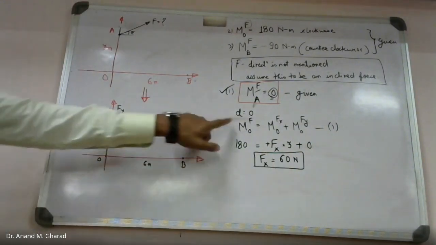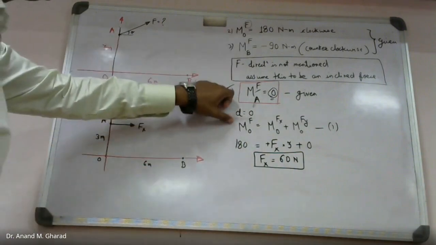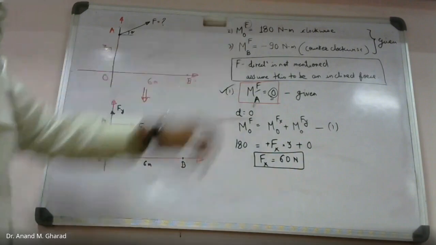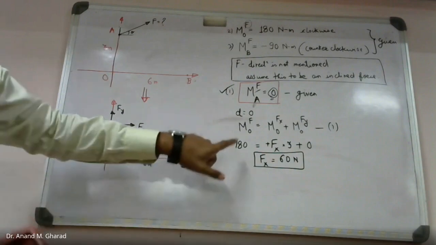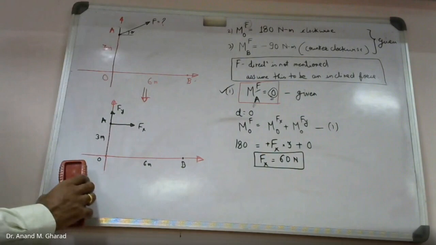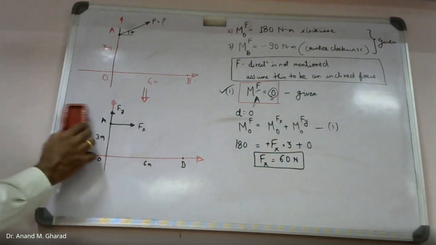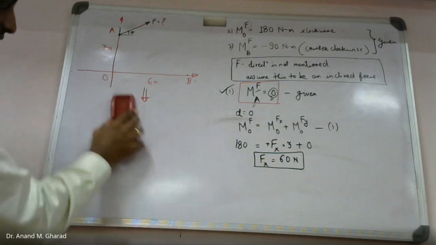Okay, based on this information number 2, let us try to make use of information number 3. Okay, what is that information? Moment about point B due to F. Should I rub this part? This is understood to all. I will be writing down the equation over here.